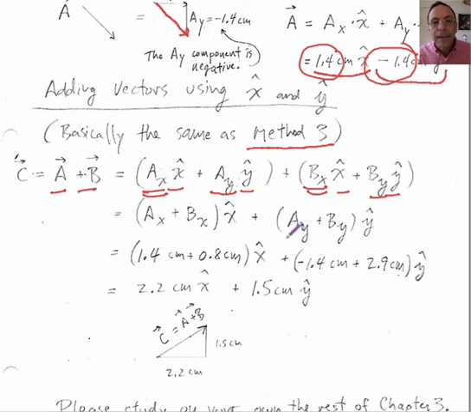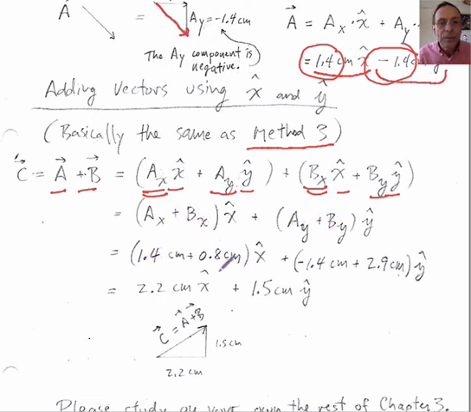And here we're grouping together the things that multiplied y hat. So we have a sub y plus b sub y times y hat. Don't forget, these are the x components of the a vector and b vector. These are the y components of the a vector and b vector.